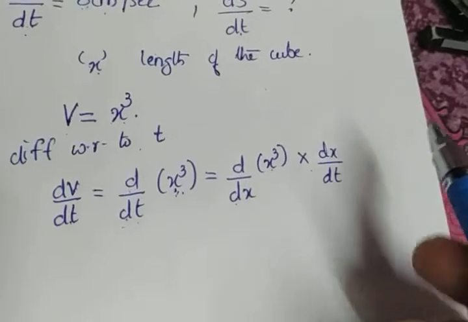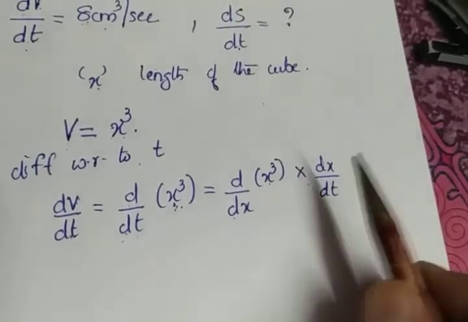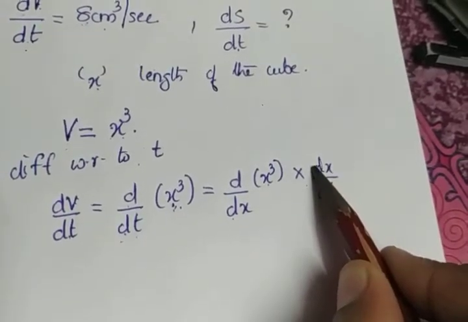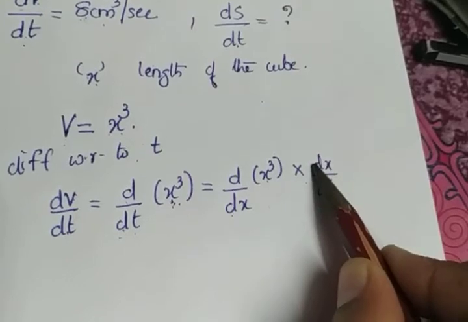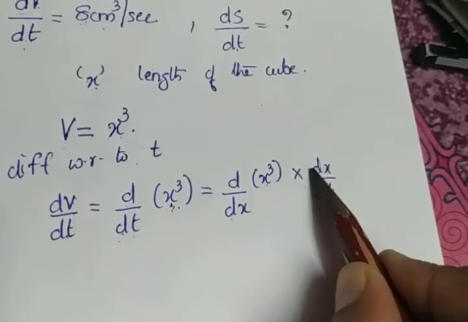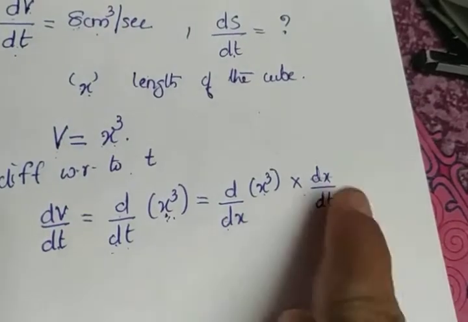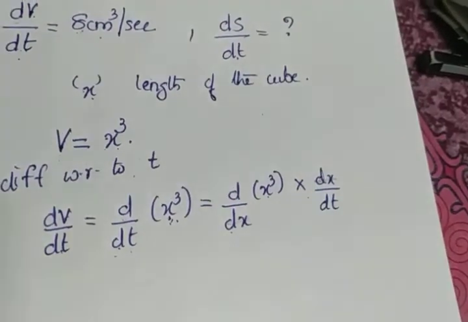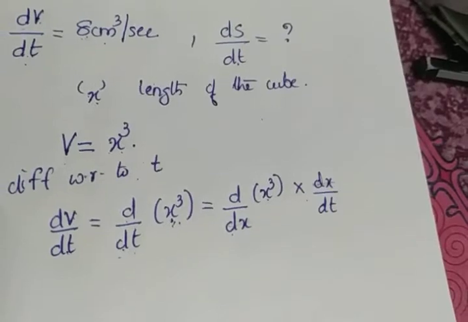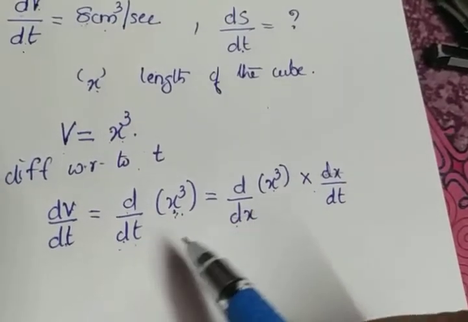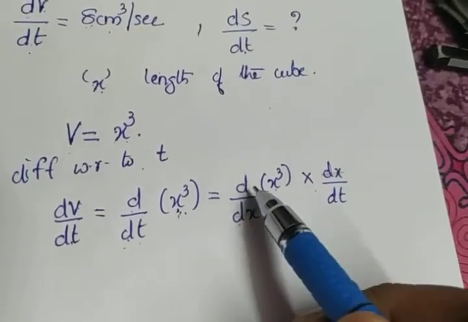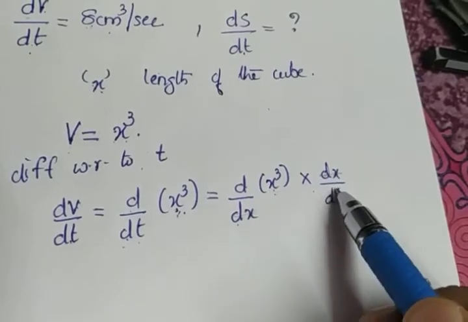To remember it easily, just consider in your mind, actually the step is wrong, but still for an easy method, just consider that we are striking off these two quantities. So we are getting d by dt. The step is wrong, but still to remember that I told it. So we are splitting d by dt of x cube as d by dx of x cube into dx by dt.